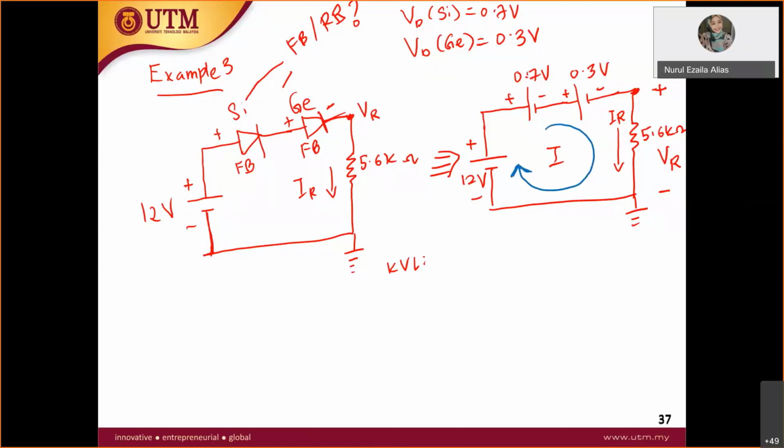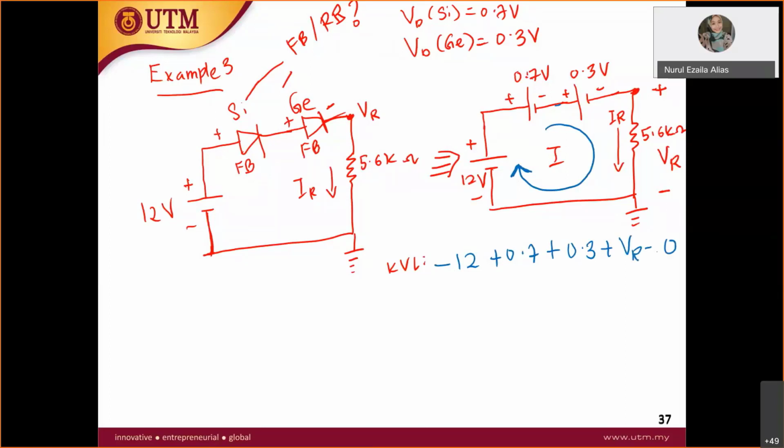So the first terminal, this arrow, will be negative 12. Okay, and then plus 0.7. Next it will meet the positive 0.3, and then it will meet plus this one, VR, equal to 0.